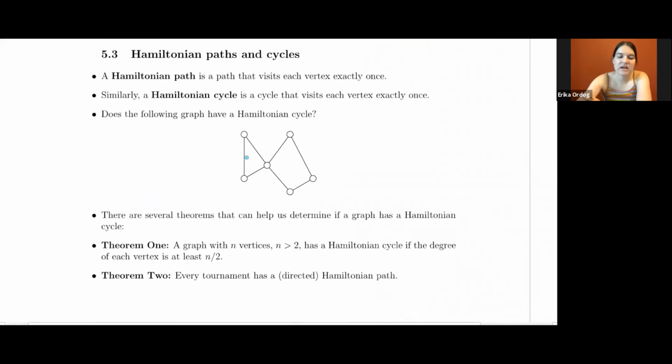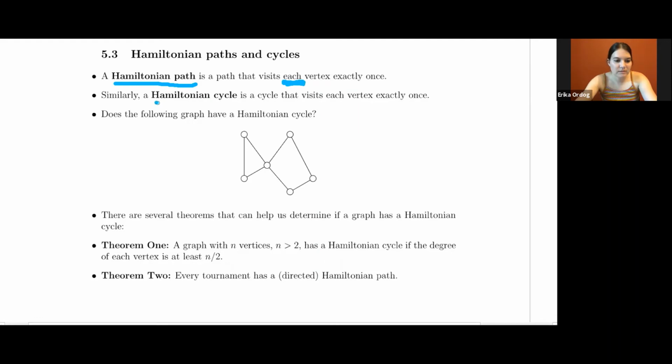So now let's talk about Hamiltonian paths and cycles. A Hamiltonian path is a path that visits each vertex exactly once, okay? The exactly once comes from the fact that it's a path, but it visits all of them. That's where this each comes in. So just like an Eulerian walk visits all of the edges, a Hamiltonian path or walk visits all of the vertices.